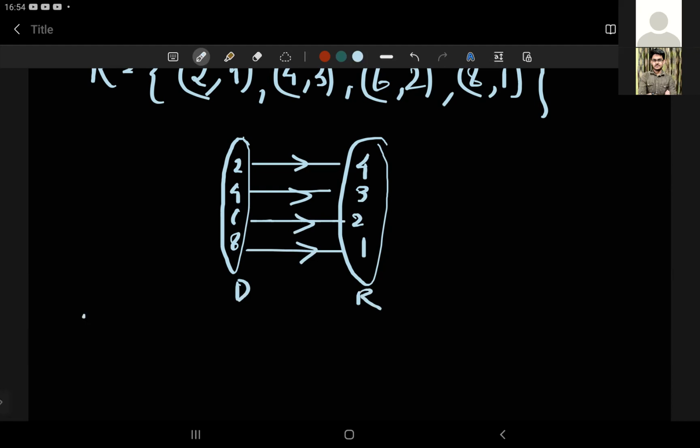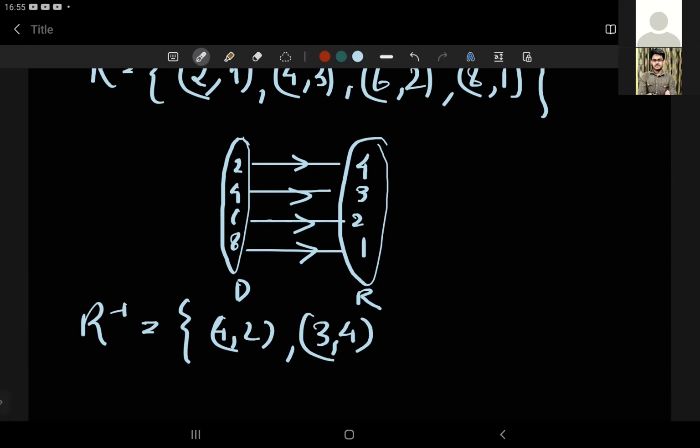Now, what will be R inverse? It is quite obvious that it will be (4, 2), then we have (3, 4), (2, 6), and (1, 8).